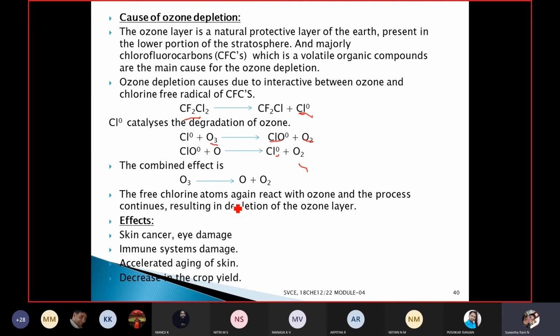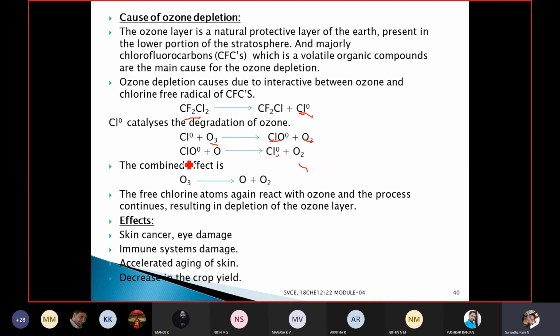The free chlorine atoms again react with ozone and the process continues, resulting in the depletion of the ozone layer. This is how the ozone layer gets depleted by the increase of chlorofluorocarbon content in the atmosphere.